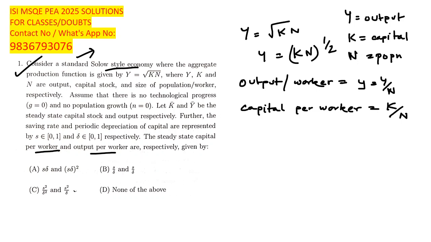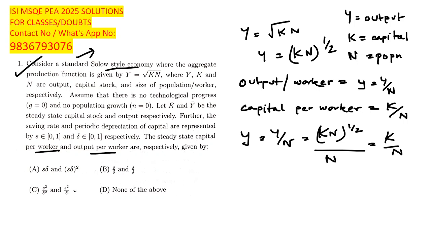Now I will substitute this into the production function. So Y/N is (KN)^(1/2)/N, that is (K/N)^(1/2). So the per worker production function is given by y = k^(1/2).